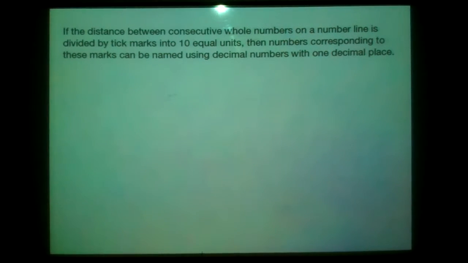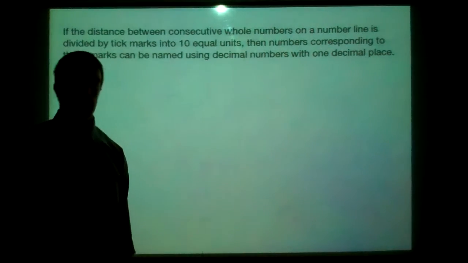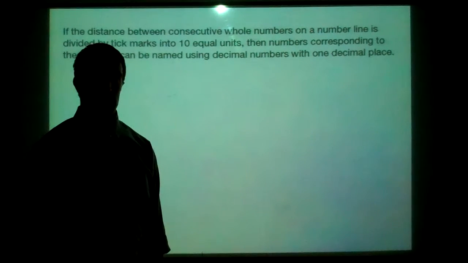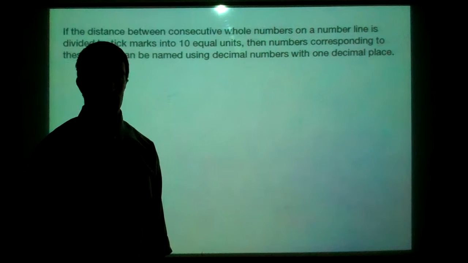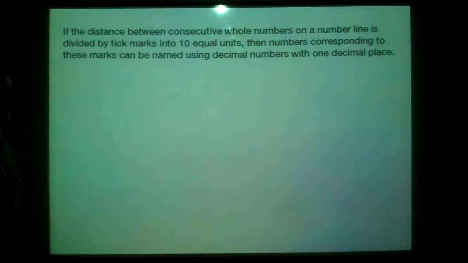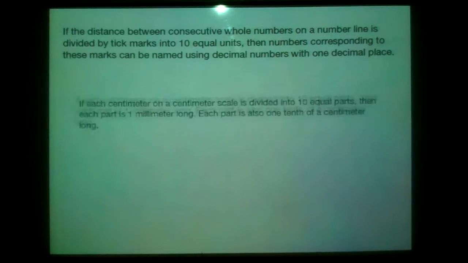We'd be talking in tenths. The numbers corresponding to these marks can be named using decimal numbers with 1 decimal place. So between 2 and 3, 10 marks would mean 2.1, 2.2, 2.3. Those are all numbers with 1 decimal place, or 1 number to the right of the decimal.